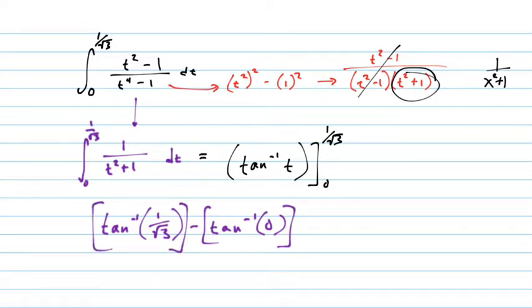So we could use our calculator, or you can remember from pre-calculus that tan inverse of 1 over radical 3 is pi over 6, 30 degrees. And tan inverse of 0 is just 0. Any questions on that one?